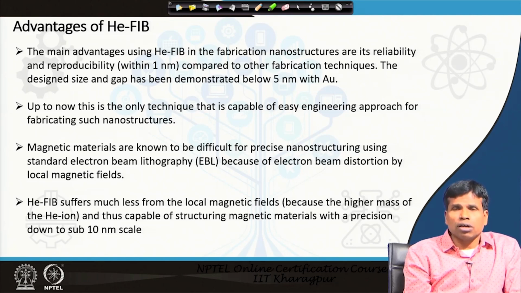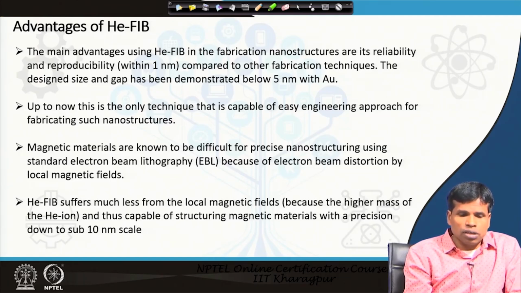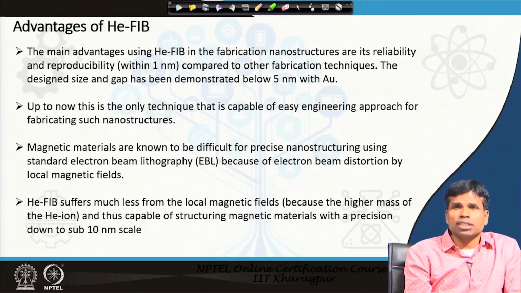When we work with a scanning electron microscope, we also see the features by bombarding electrons, but if the sample is magnetic in nature, then electron beam distortion occurs because of the magnetic field of the magnetic sample.